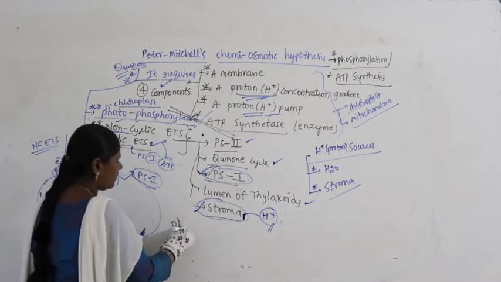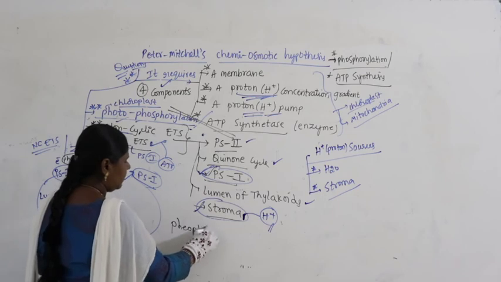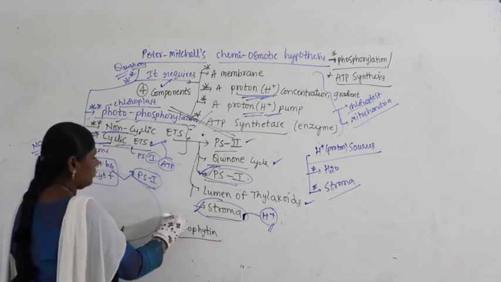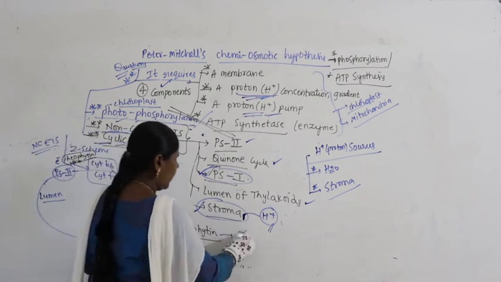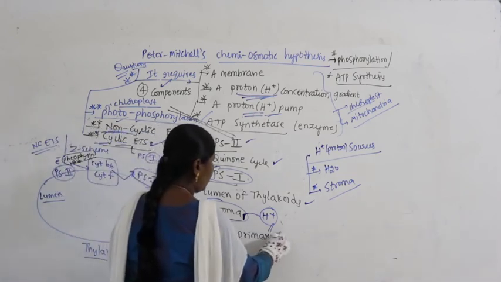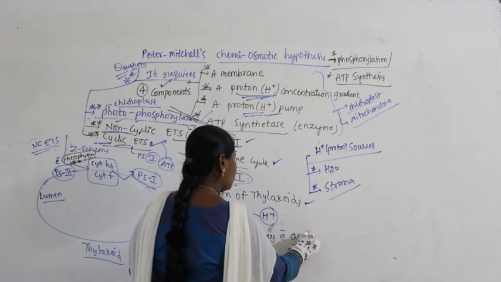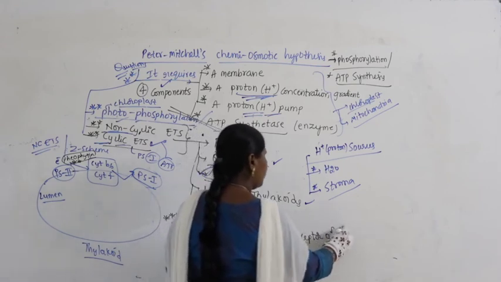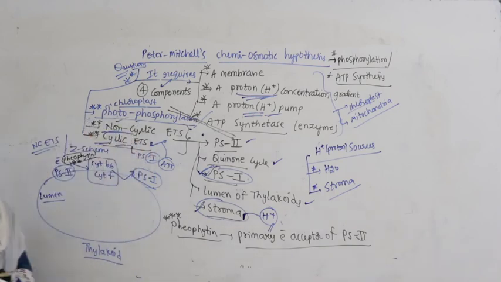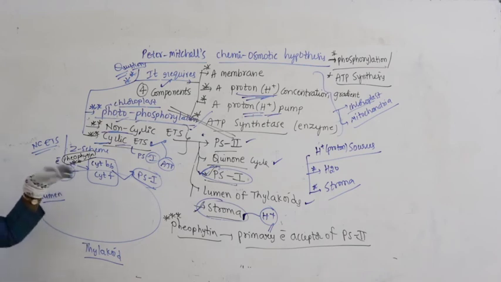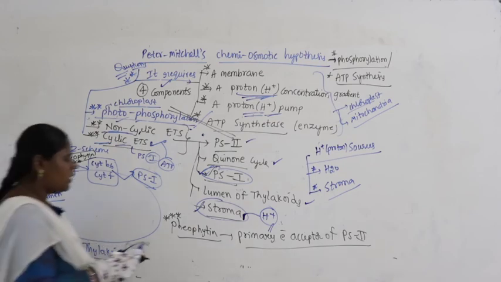What do we have to remember about pheophytin? Pheophytin is nothing but a primary electron acceptor of PS2. That means from PS2, first who will accept the electron? Pheophytin.